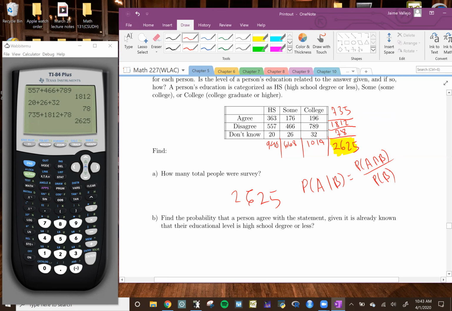All right, so let's do B. For B, it says find the probability that a person agrees with the statement, given that we already know their education level is a high school degree or less. So for this one, what do we know? That they agree with the statement, or is it already given that they have a high school degree or less? You can put it in the chat or just shout it out.